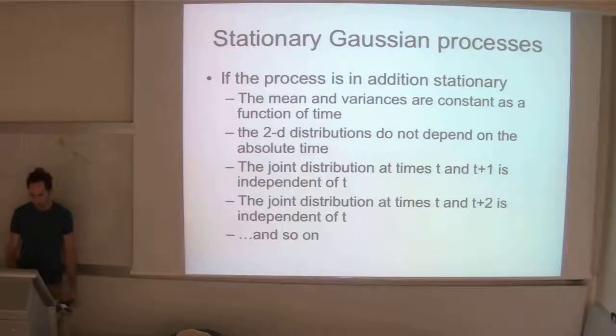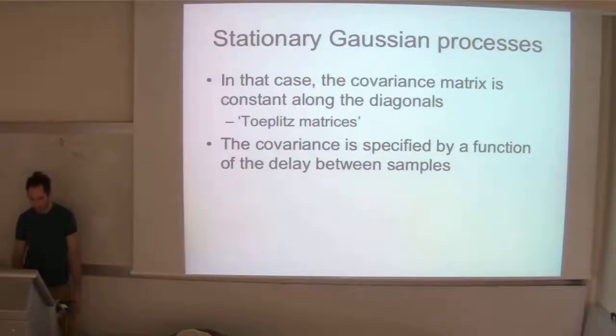Okay, stationary Gaussian process, as you might conclude yourself. If the process is stationary, the mean and the variance are constant as a function of time, and also the second order distribution does not depend on the absolute time, the joint distribution between points, and all of these things we already saw yesterday and some today. Okay. This you can read later.